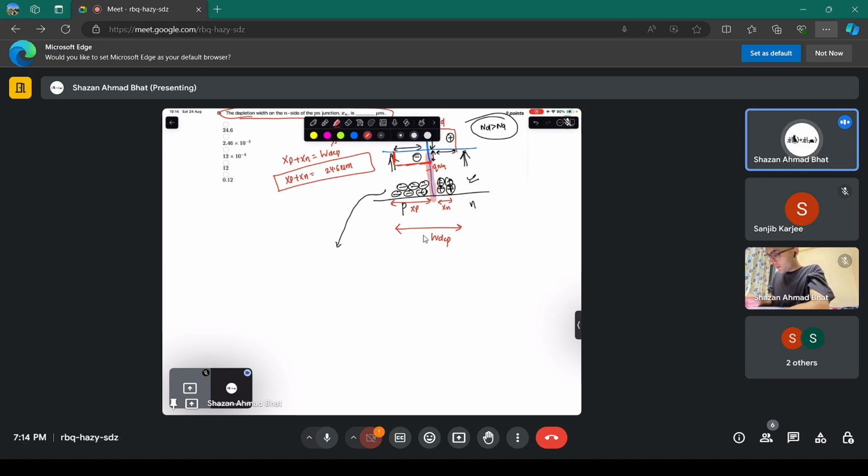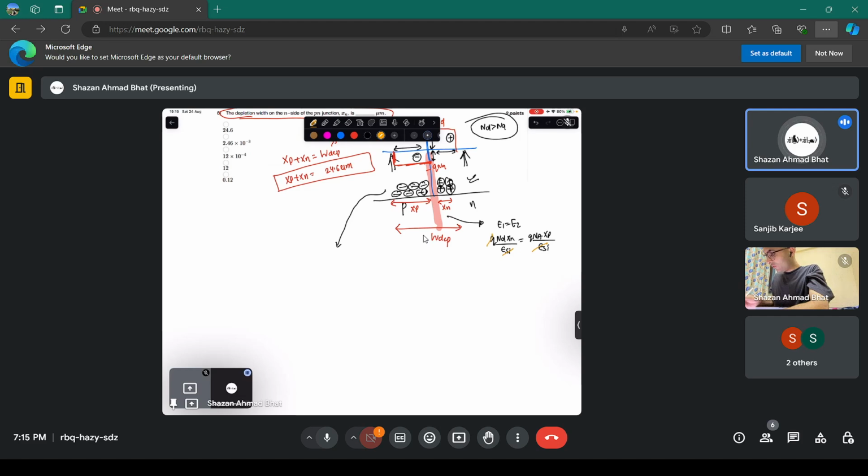at this particular region, the field should be equal at these two particular regions. We can write it as Q ND XN divided by epsilon silicon should be equivalent to Q NA XP divided by epsilon silicon.